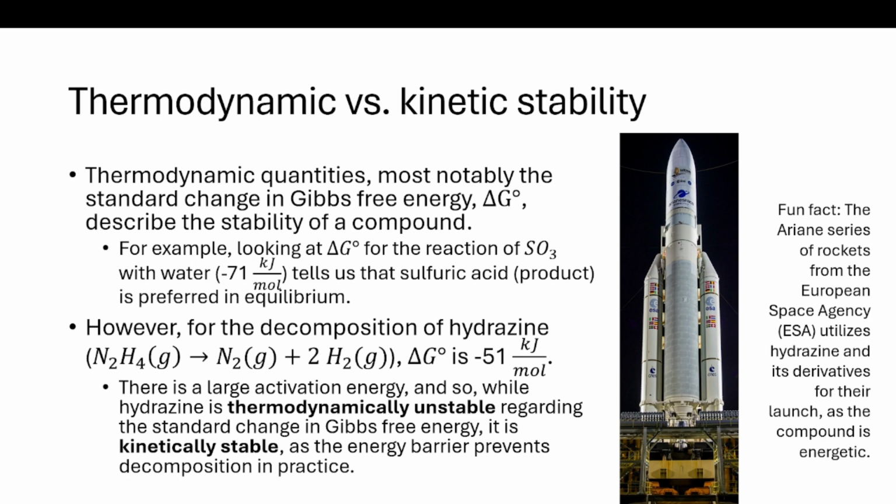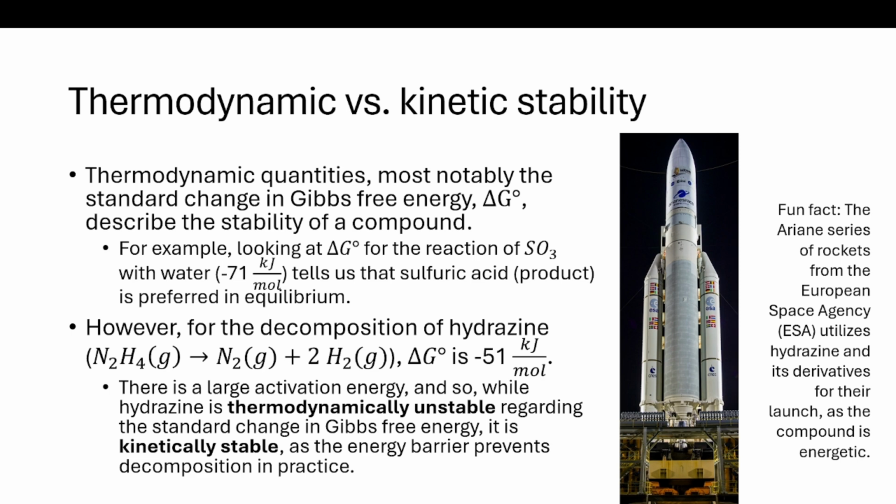Anyways, going on about stability, I want to talk to you about the difference between thermodynamic and kinetic stability. So, when we look at the stability of a compound, thermodynamic quantities give us a great insight into how stable said compound is. And specifically, the standard change in Gibbs free energy can tell us how stable it is.